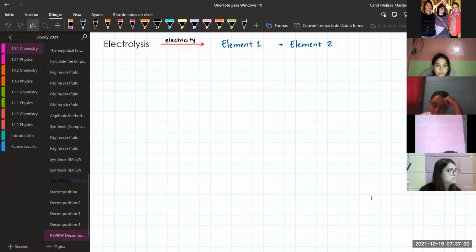In this procedure, salts, for example, are going to break down into the individual elements that are making up the compound.